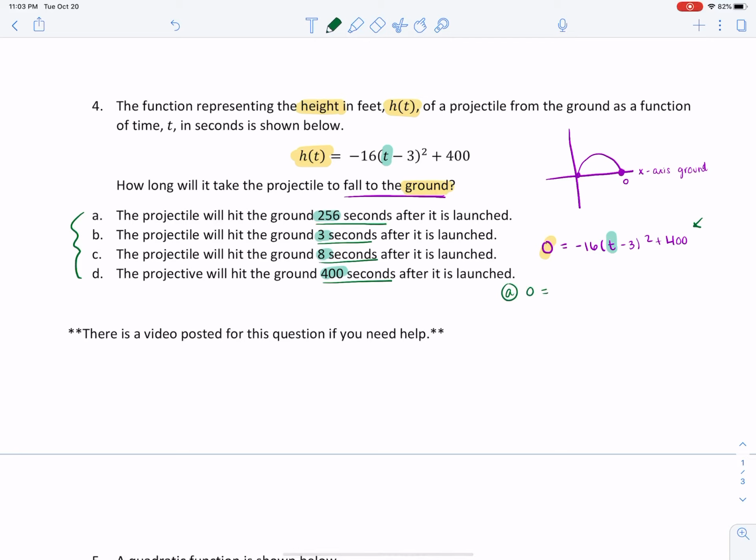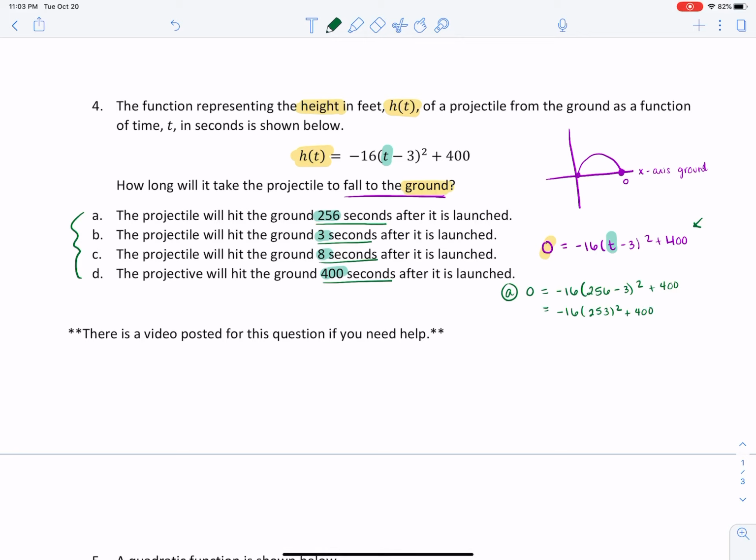So if we test answer choice A, 0 needs to equal negative 16, instead of t, I have 256 minus 3 squared plus 400. Okay? So negative 16, 256 minus 3 is 253 squared plus 400. Do the squared next.